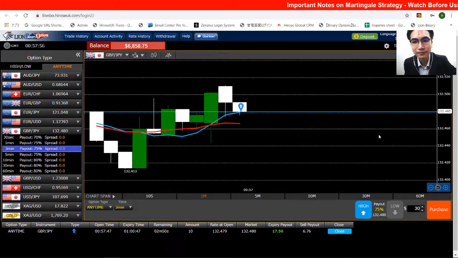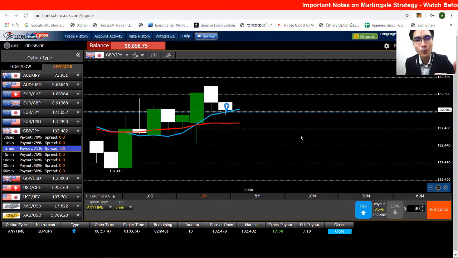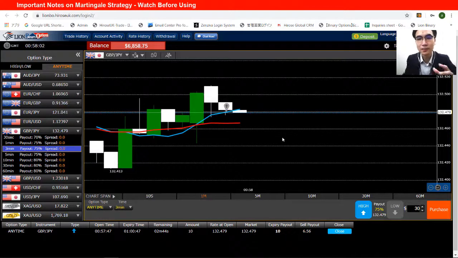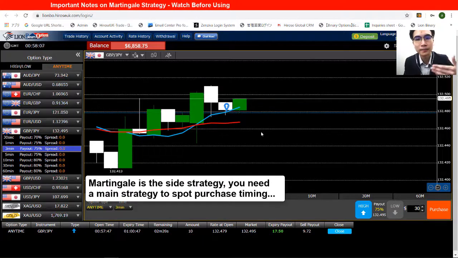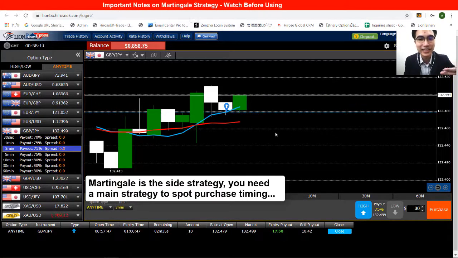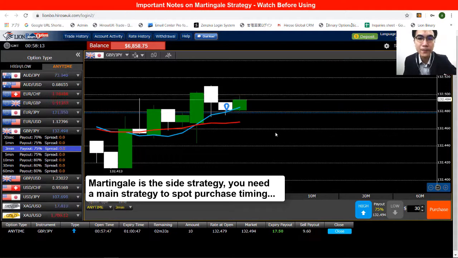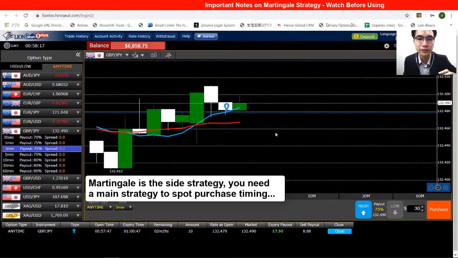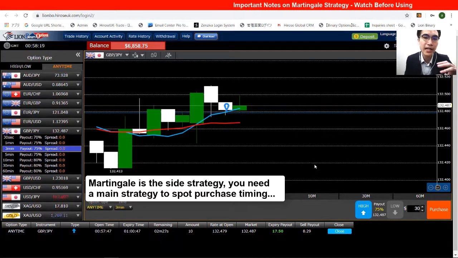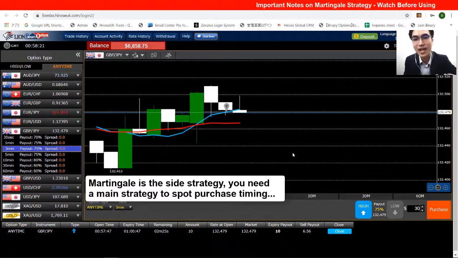What I want to mention here is that the Martingale strategy is actually a side strategy. You need the main strategy, which I have here, the simple moving average crossover. So I look for purchase timing according to the simple moving average. I don't just trade wherever I want.